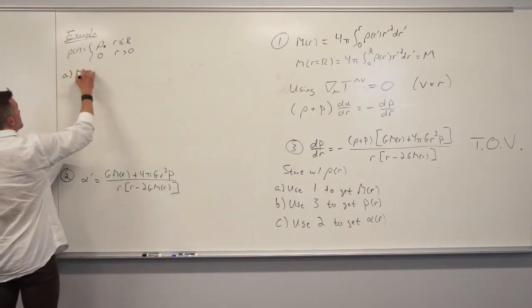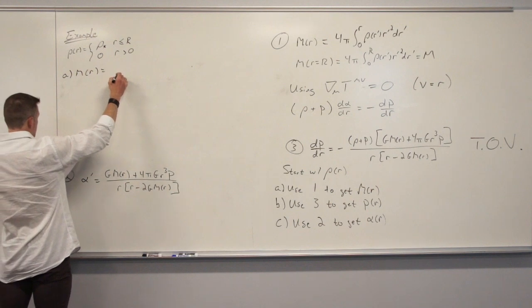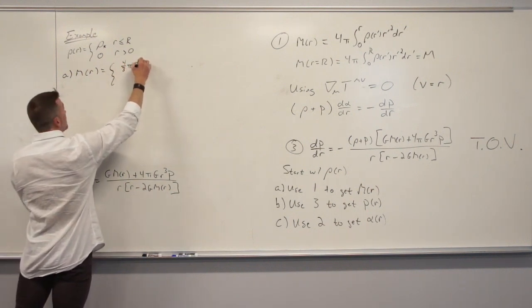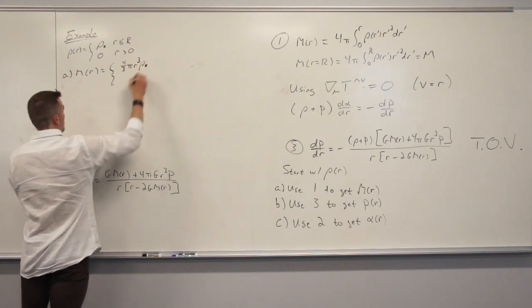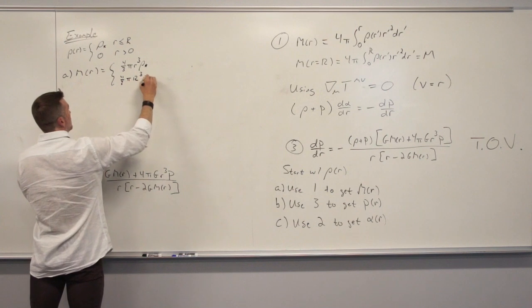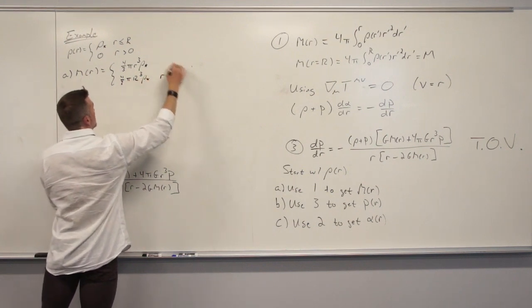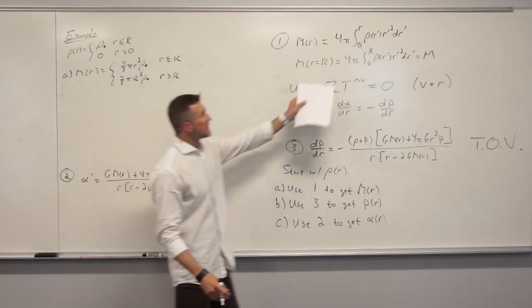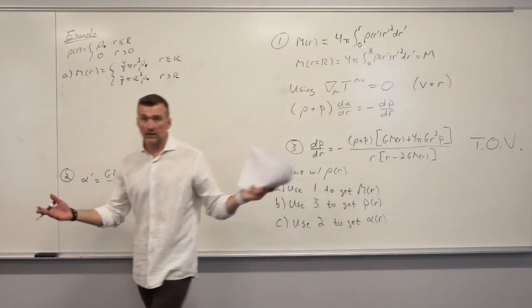Here we go. Step A. This is pretty easy. Okay. Step A, we just integrate the mass density. You're integrating a constant times r squared.